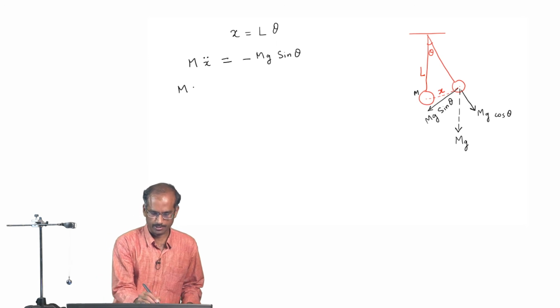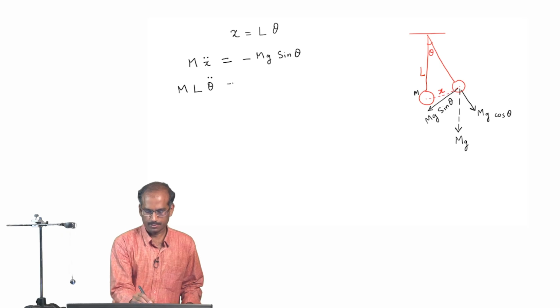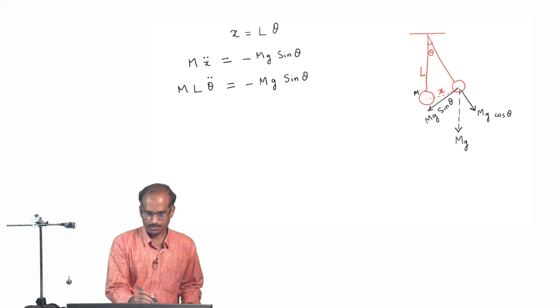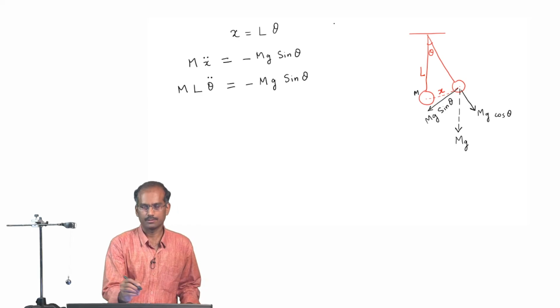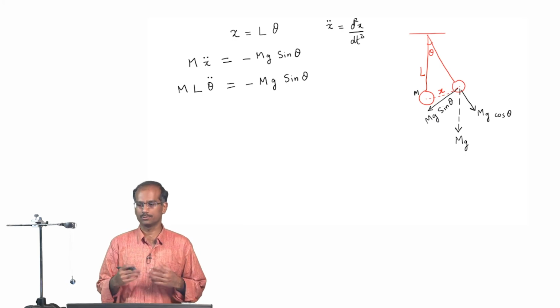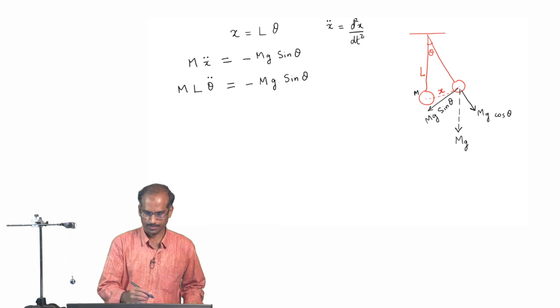So, that could be written as m L theta double dot, which is equal to minus mg sin theta. And maybe I should have mentioned that this double dot indicates second derivative. So, x double dot would mean d square x by dt square. This is a convention that we will use throughout this course.